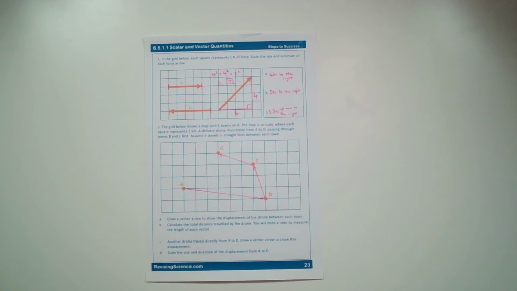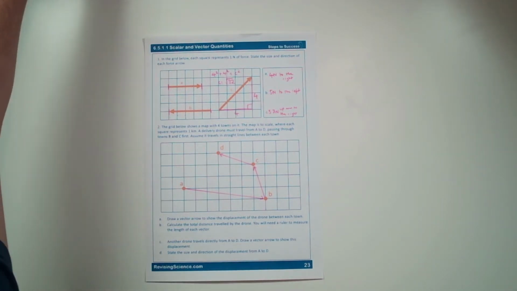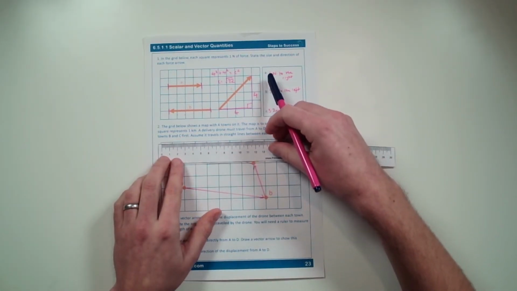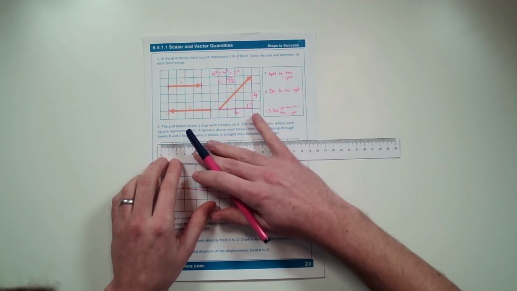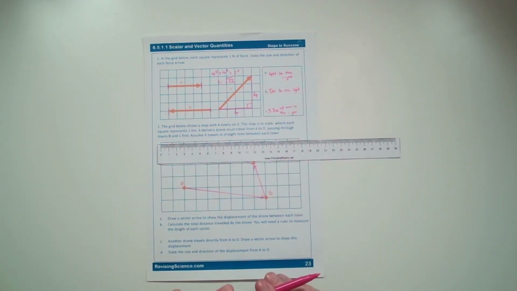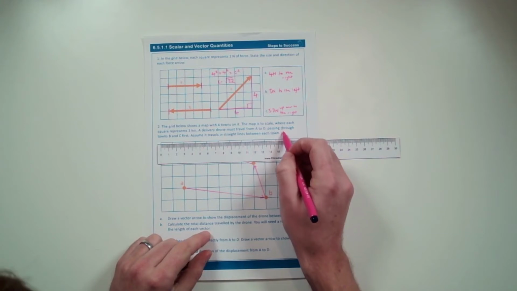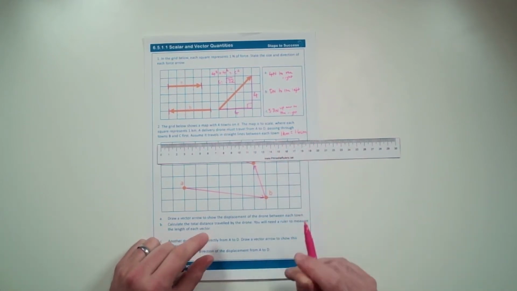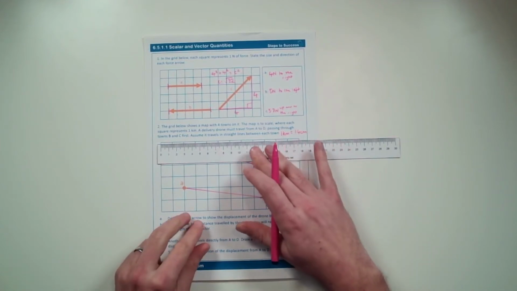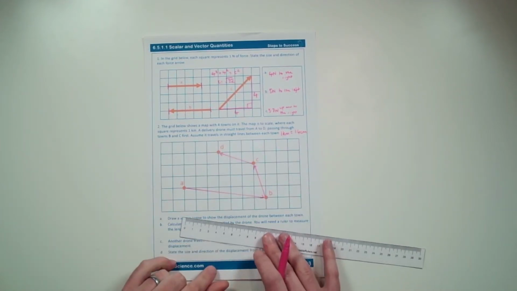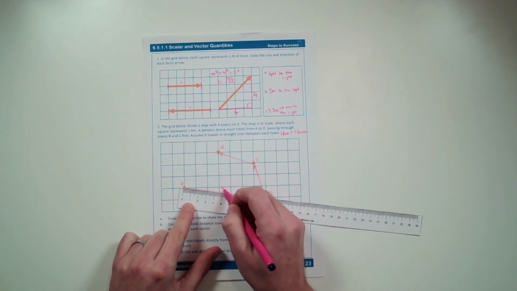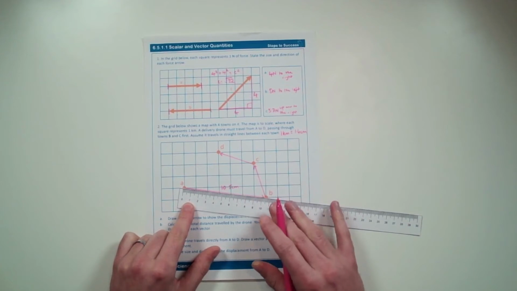We now need to calculate the total distance travelled by the drone. We're going to need a ruler to measure the length of each vector. So we know that each square represents 1 kilometre. We can see here that 1 kilometre equals 1.4 centimetres. We can use this ratio to work them out. So measuring the distance from A to B, we get 10.5 centimetres.